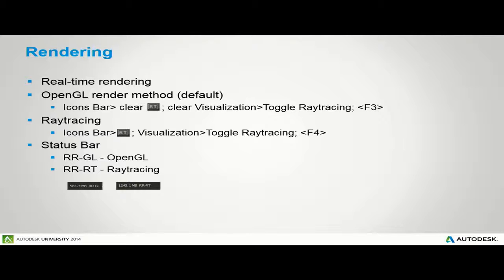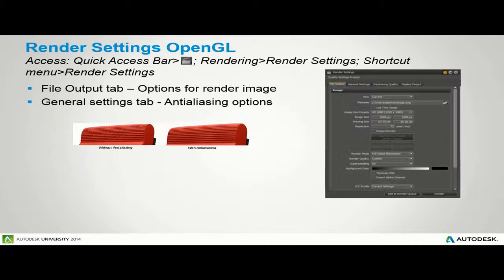To go back into the OpenGL rendering mode, you have to clear the RT, or go into visualization, toggle ray tracing, or press F3 for realistic rendering in the OpenGL method. For ray tracing, F4 is the shortcut. In the status bar, as I mentioned before, it will show you whether it's OpenGL, it will say RRGL, or it will say RRRT. So you'll know which of the rendering methods is being used.